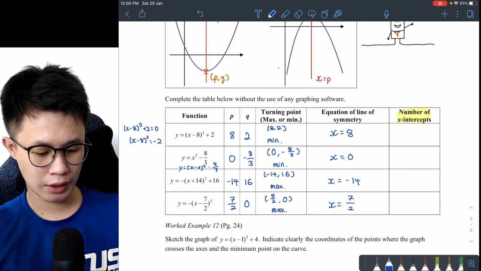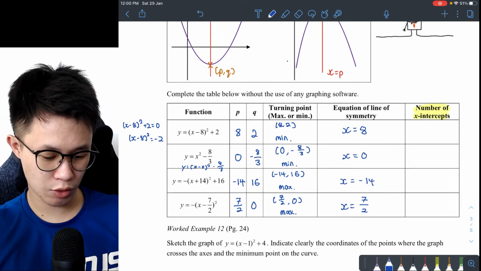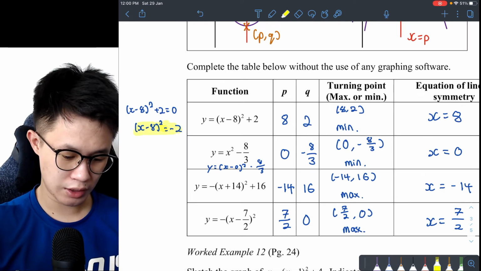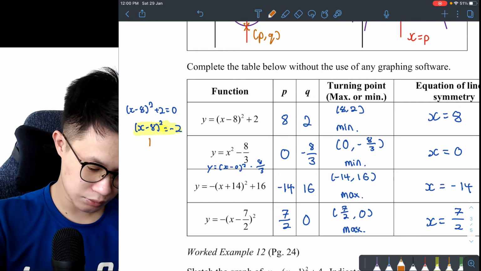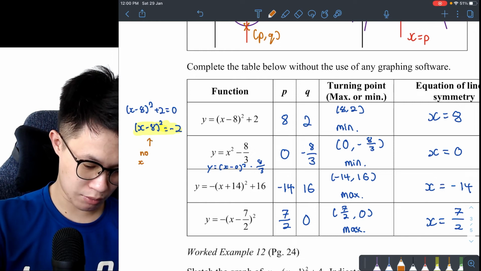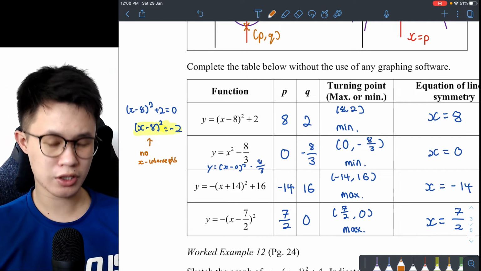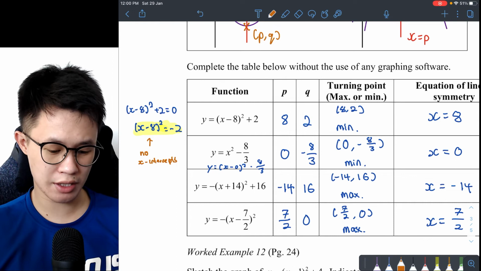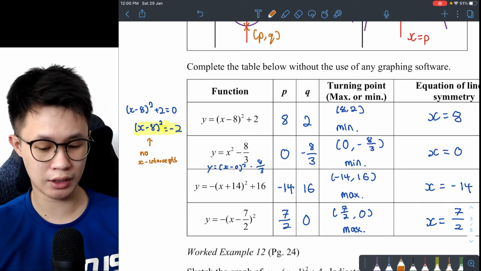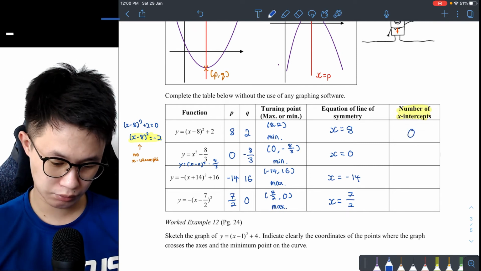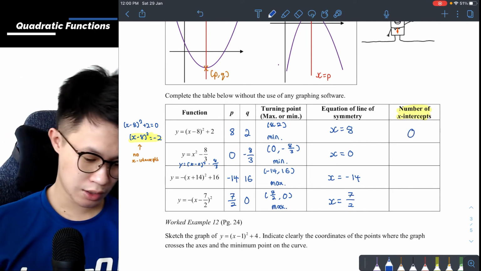When you cannot square root the negative, this tells you that there are no x-intercepts. I say again, if you equate the equation to 0 and you reach this stage where you cannot square root a negative, it simply tells you there are no x-intercepts. Okay? So what about the second one?